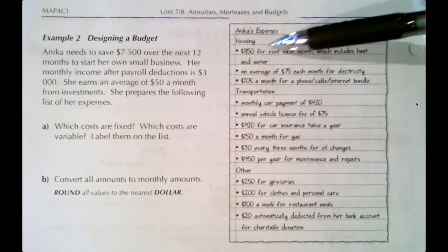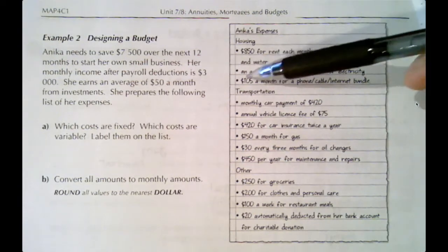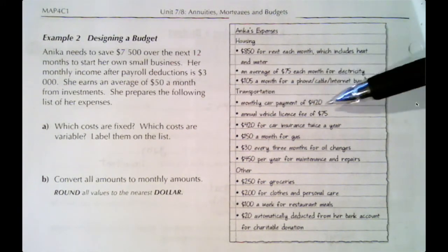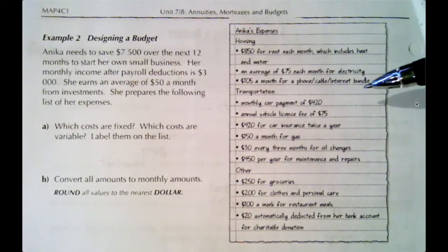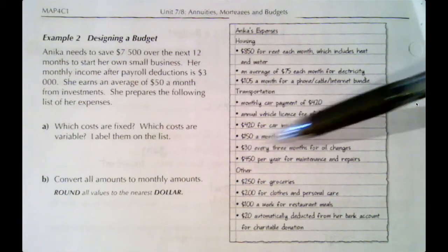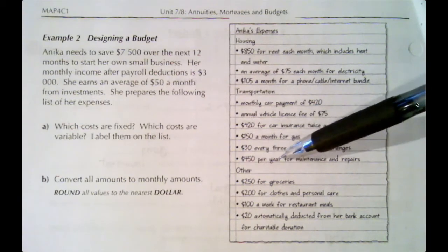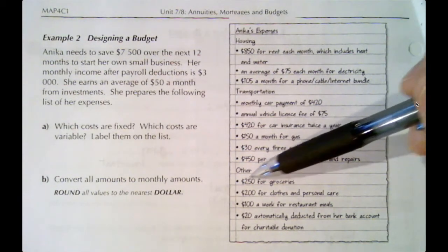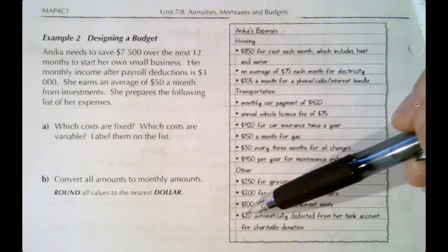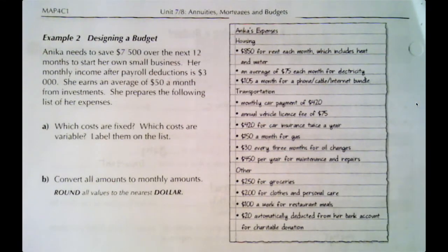We've got housing expenses, so $850 for rent, which includes heat and water, $75 for electricity, $105 for phone, cable, and internet, $420 monthly car payment, $75 annual vehicle licensing fee, $420 car insurance twice a year, $150 a month for gas, $30 every 3 months for an oil change, that seems low, $450 every year for maintenance and repairs, $250 for groceries, $200 for clothes and personal care, $100 a week for restaurant meals, seems excessive, and $20 automatically deducted from her bank account for a charitable donation.